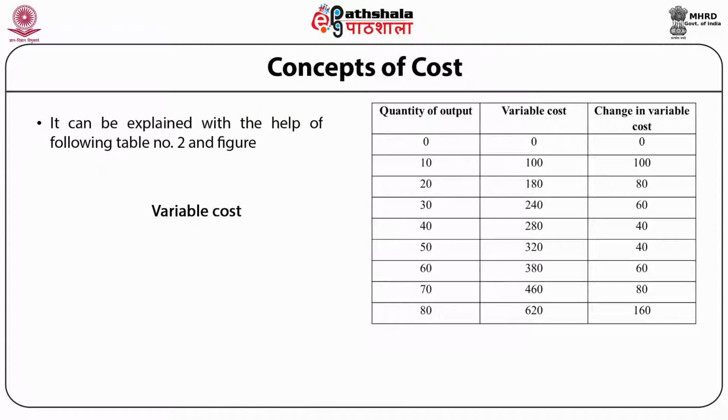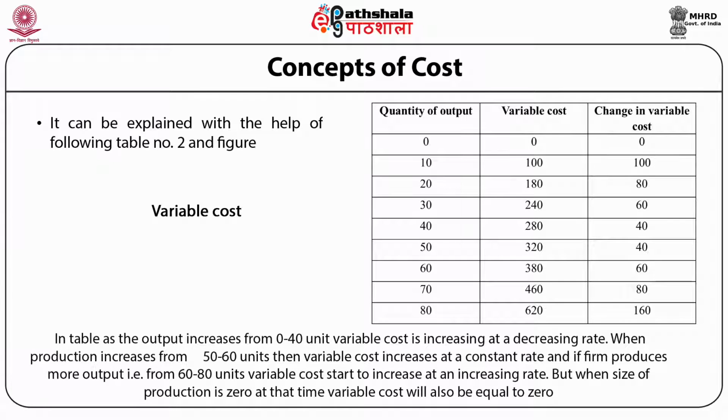In short run, variable cost includes prices of raw material, fuel and power charges, excise duty, sales tax, transport expenditure, wages of labor, etc. It can be explained with the help of following diagram and table.